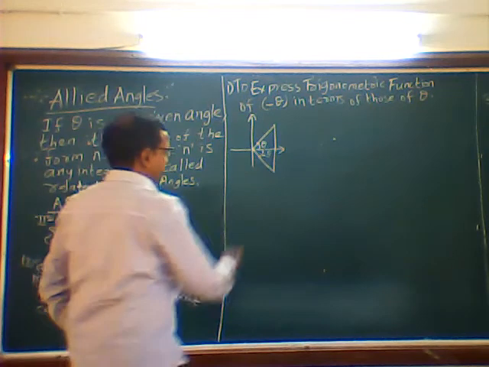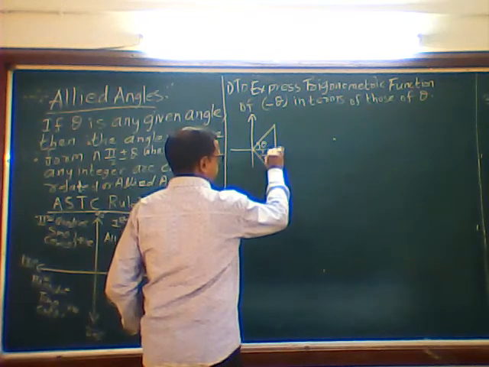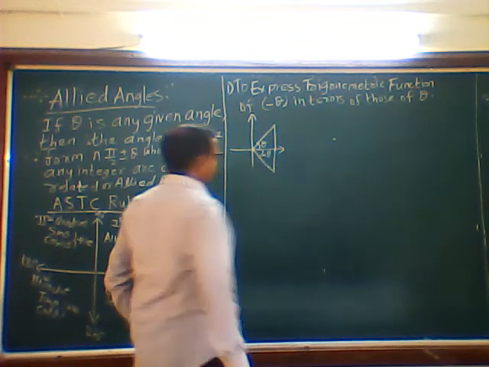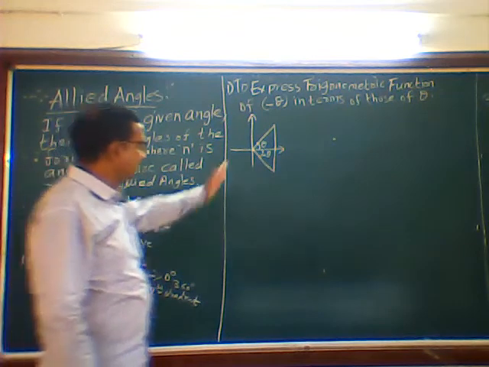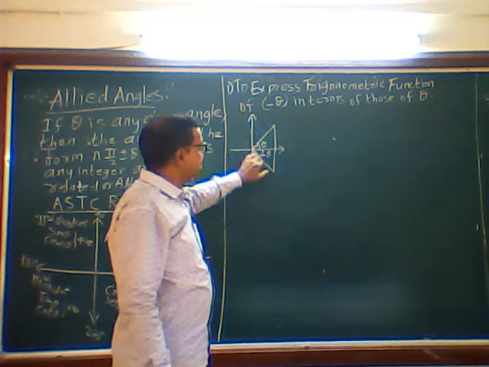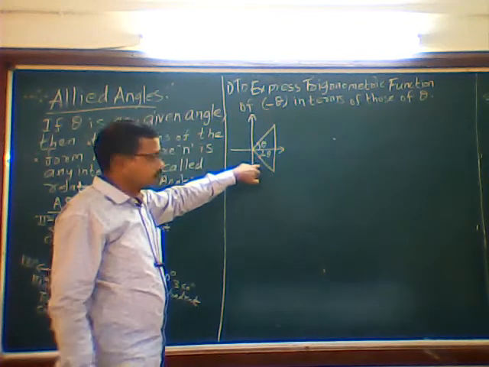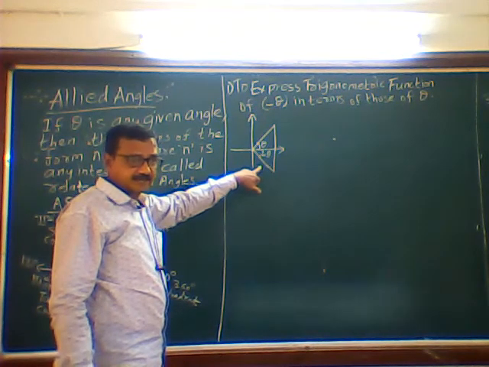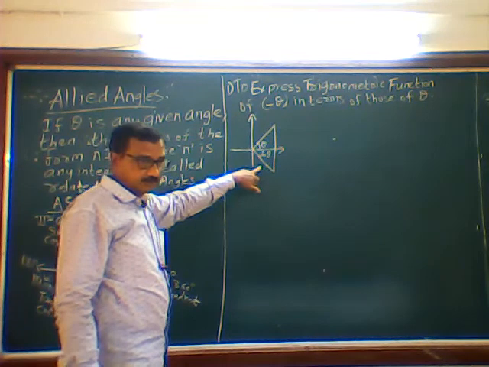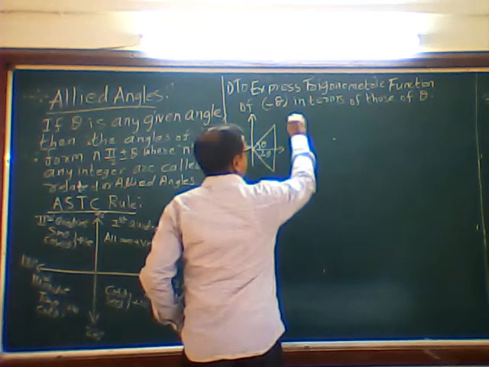Just it is a rough diagram I am explaining. With reference to theta, in terms of those of theta, so minus theta lies in this form. Got it? Now one by one I will proceed.